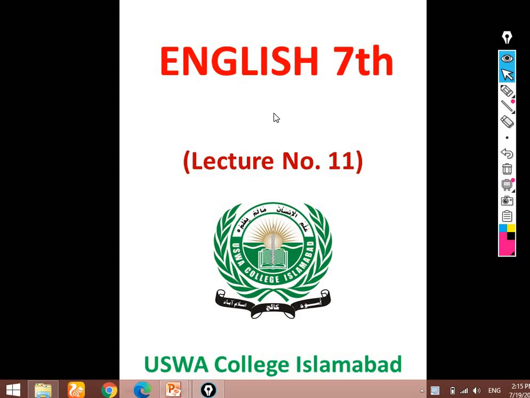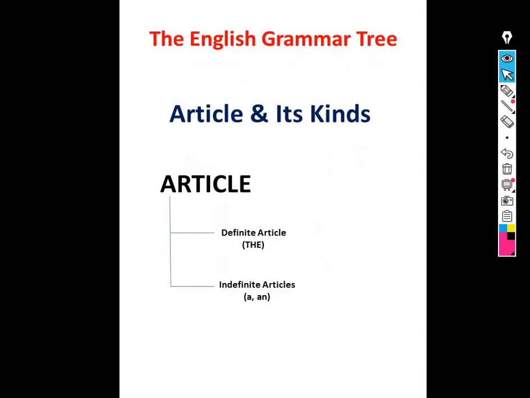My dear students of class 7th, this is lecture number 11. In today's lecture, we will discuss article and its kinds. This chapter has been taken from English Grammar 3.